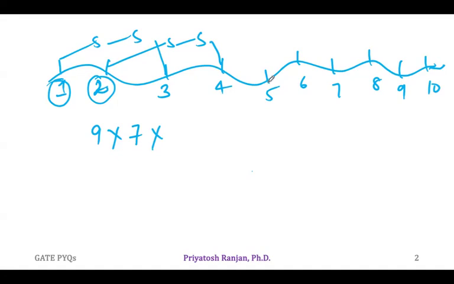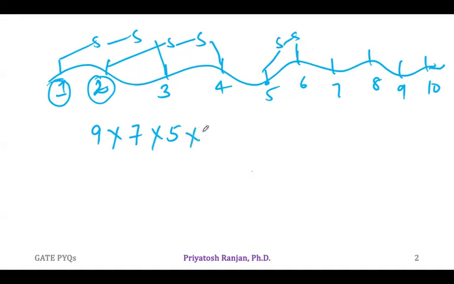Now, what is the possibility for the fifth cysteine residue? It can form a disulfide bond with either 6, 7, 8, 9, or 10, so the total possibility is 5. Similarly, let's say the fifth is forming a disulfide bond with the sixth one.